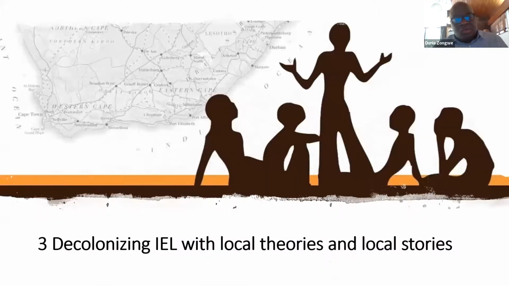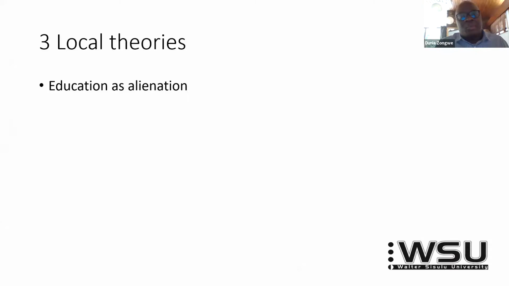So how can we decolonize international economic law with local theories and local stories? This is what I'll deal with now, and it will also conclude my presentation. Many students in the developing world, but in Southern Africa in particular, experience education as an alienating experience.